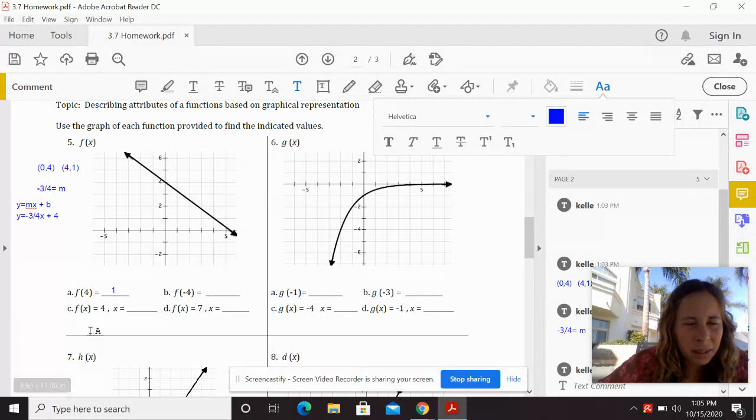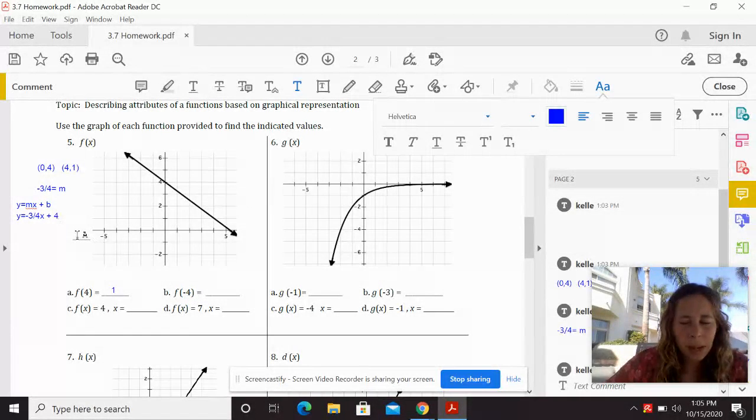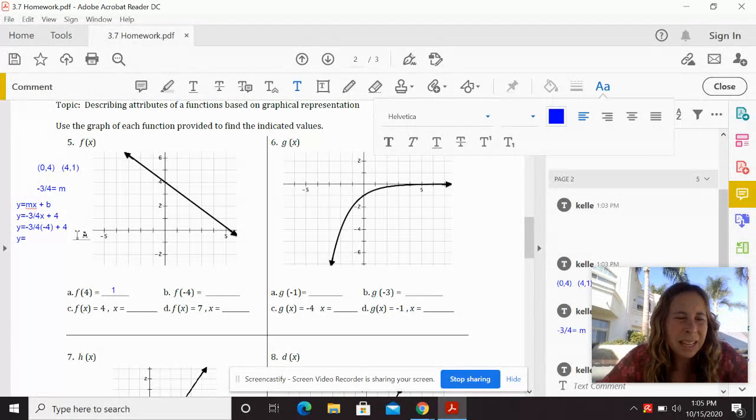Okay. And then, it's been such a long process, what are we even solving for? When x is negative 4, what is y? So I'm just going to substitute in negative 4 for x. y equals negative 3/4 times negative 4, and then we write the plus 4. y equals negative 3/4 times negative 4 is just positive 3, because the negatives cancel each other out, right?